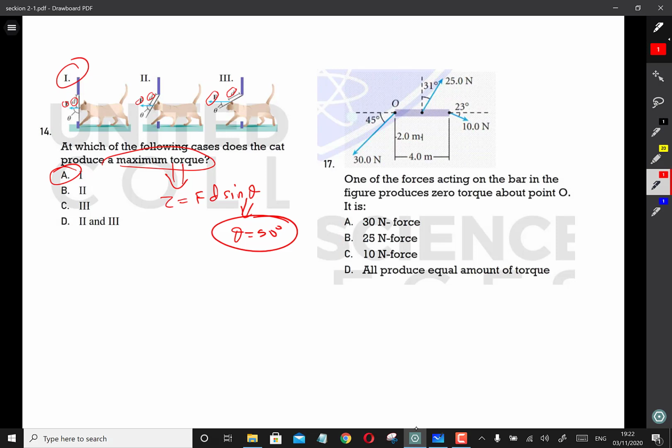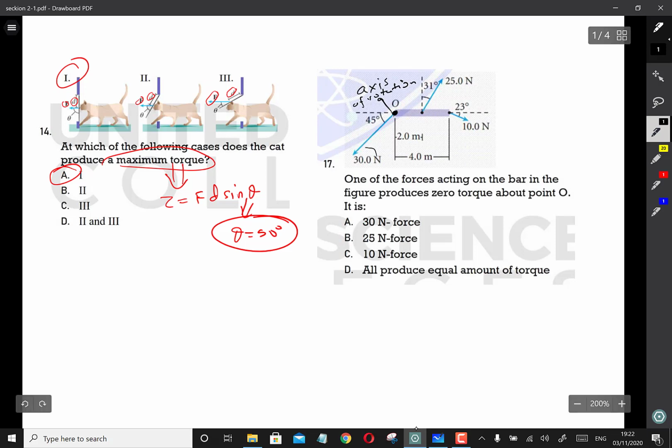Question number 17. One of the forces acting on the bar in the figure produces zero torque about point O. So, of course, for zero torque, the force must act on the axis of rotation. This is the axis of rotation. So the force must act on the axis of rotation, or its extension must pass through the axis of rotation.